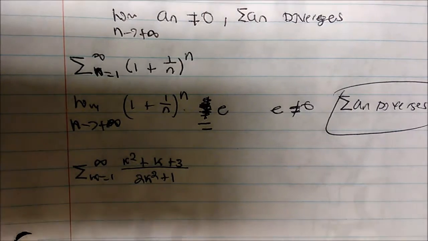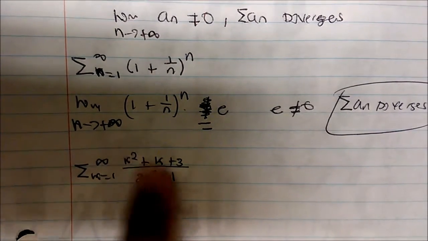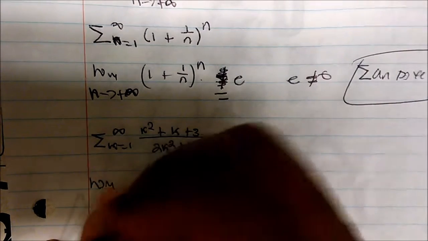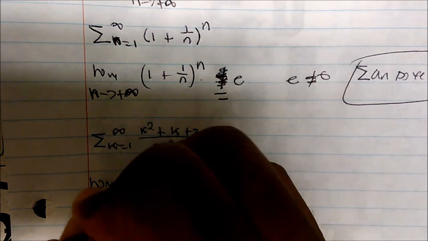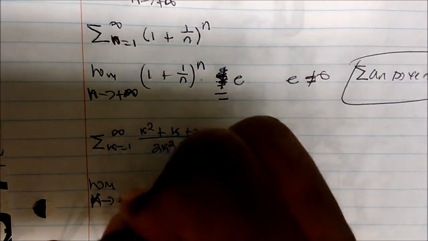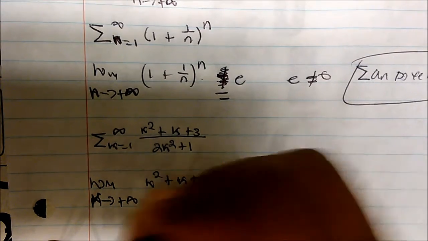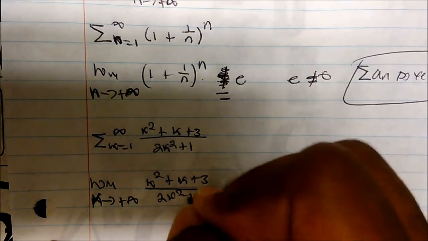As soon as I see a polynomial on both the top and the bottom, I'm always going to check for divergence first. So I take the limit as k approaches positive infinity of (k squared plus k plus 3) over (2k squared plus 1).